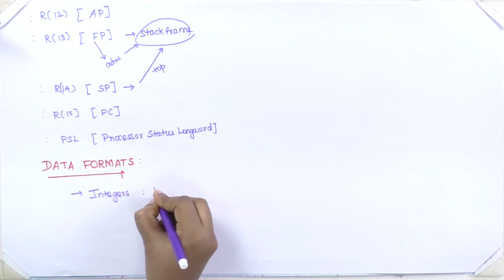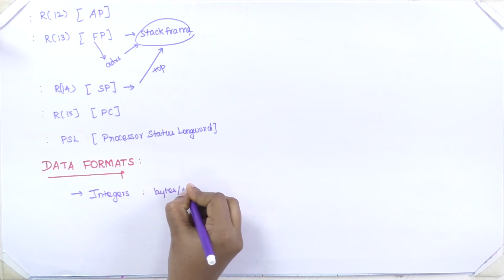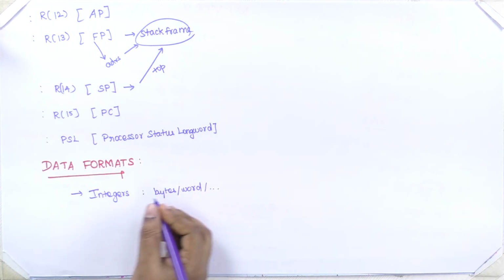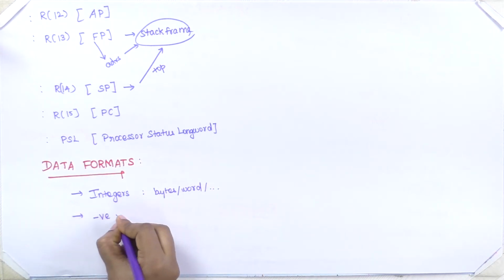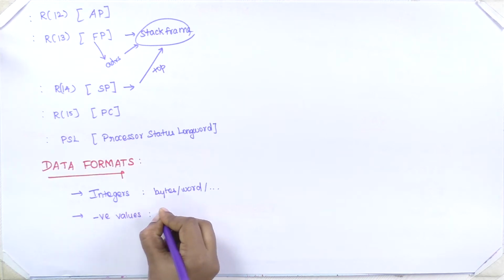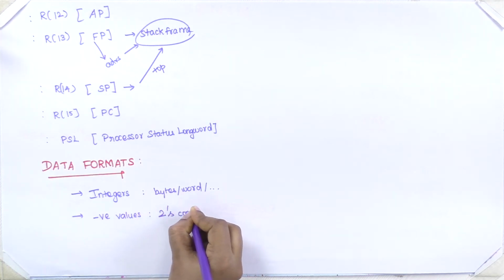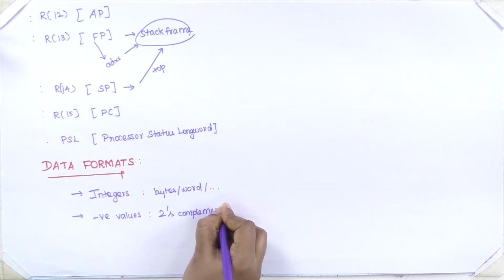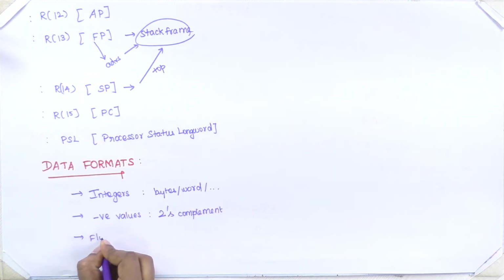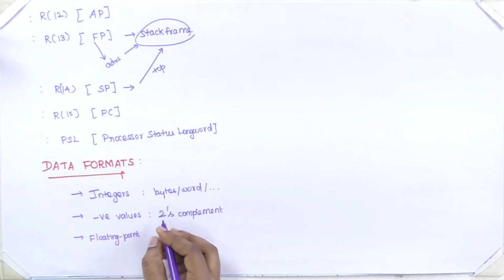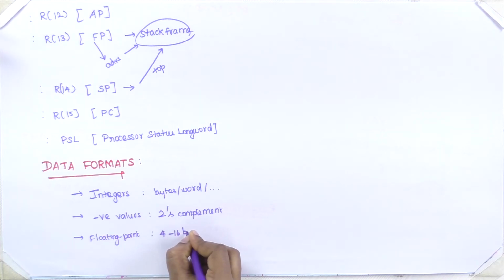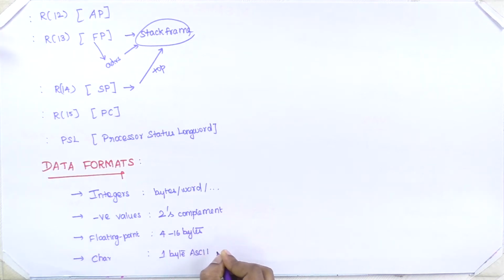Integers are represented in bytes, word, long word, quad word, etc. Negative values are indicated by 2's complement representation. Floating point is represented in 4 to 16 bytes. Characters are represented in 1 byte ASCII codes, that is 8 bits.